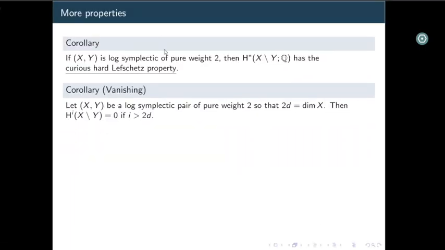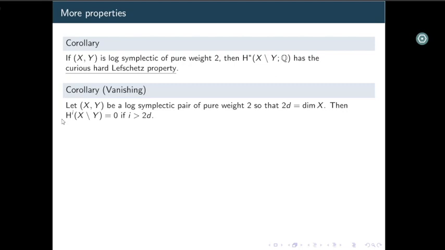Okay, so as a consequence of, again, this simplicity condition, you can see that certain cohomology groups of log symplectic pairs of pure weight 2 vanish. Specifically, if you take i to be the degree of the cohomology group, and this i is greater than the dimension of the variety, then your cohomology vanishes above that degree.